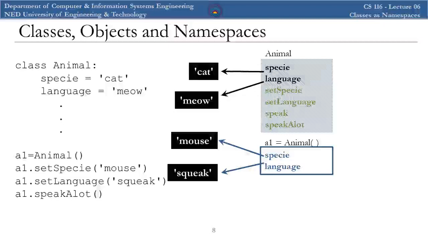Instance variables stay as long as the object stays, and since we haven't seen any way to remove these objects other than finishing or exiting your program, these species and language instance variables will live as long as your program runs, because the objects are there, right? And those class attributes or class variables always run as long as your program runs, right?